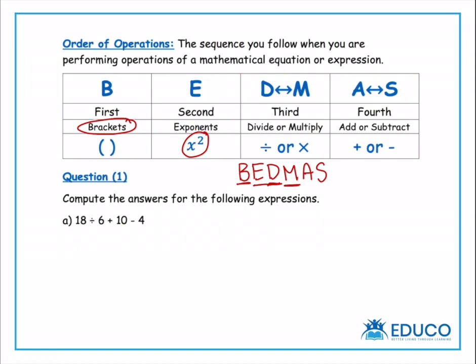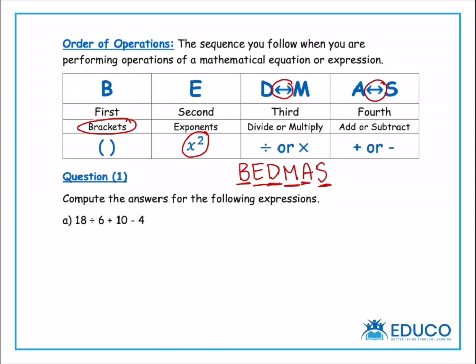Like I said before, we always say division and then multiplication, but you can also do multiplication and then division. They are kind of interchangeable. So that would be our third step. And then finally, the last thing that you're allowed to solve would be A and S, which is addition and subtraction. Again, these are also interchangeable, and that's why we have these arrows right here. If you do your subtraction before your addition, that's also okay.